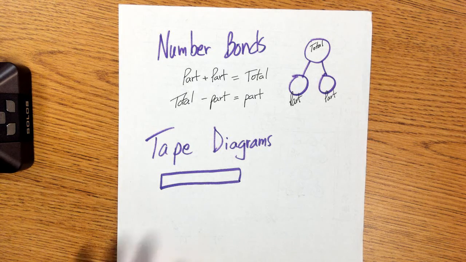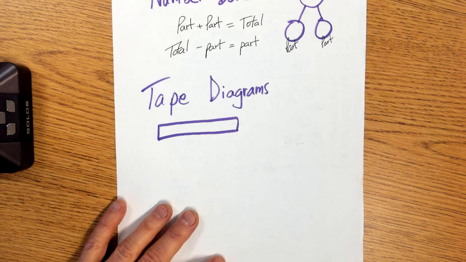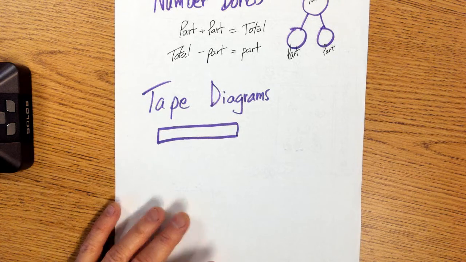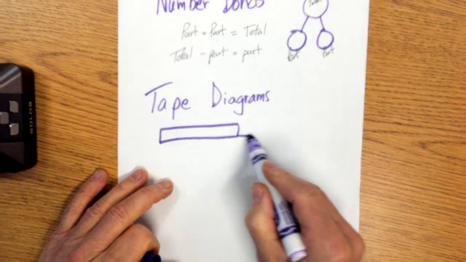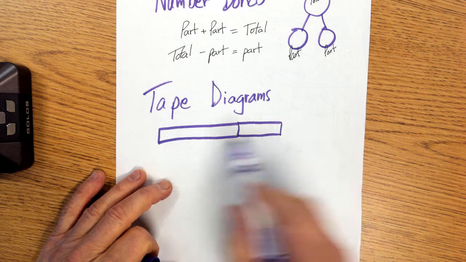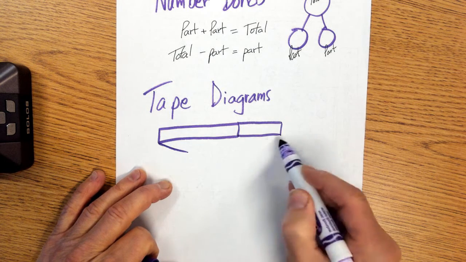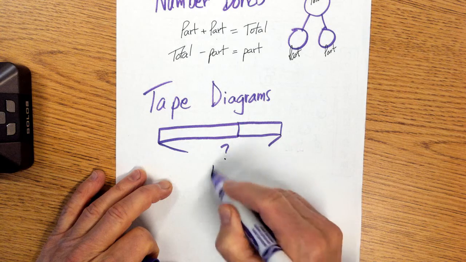Same is true with the tape diagram. It's just another way to look at it. If we know the 2 parts, then our diagram might be like this. There's a part, there's a part. What are we missing? The total.